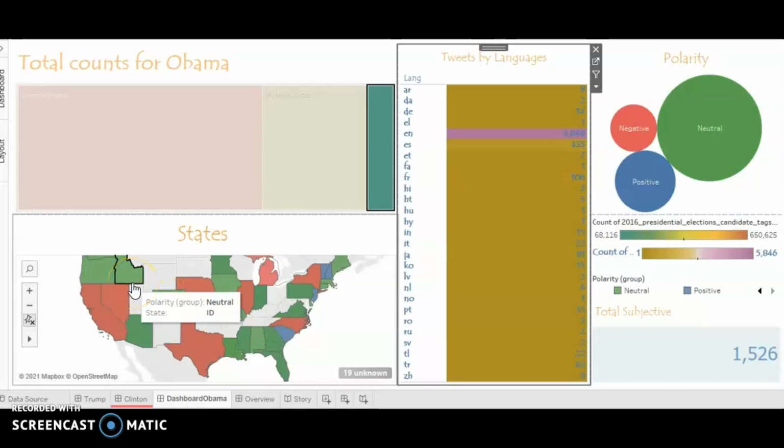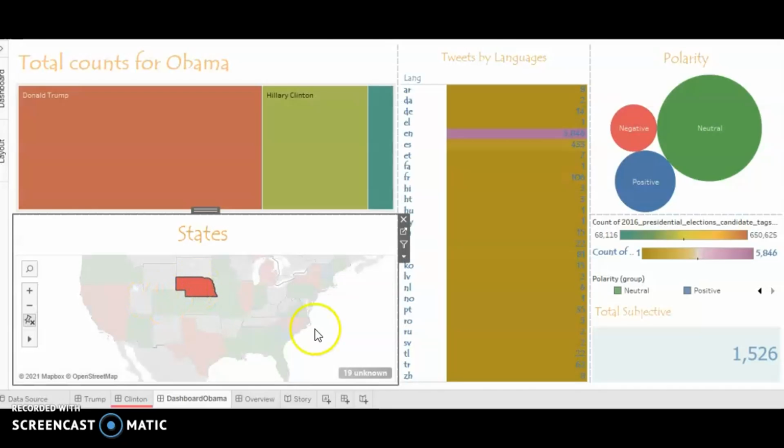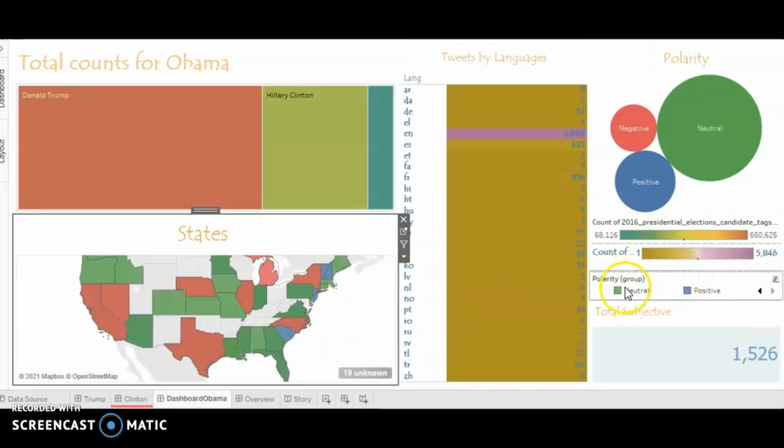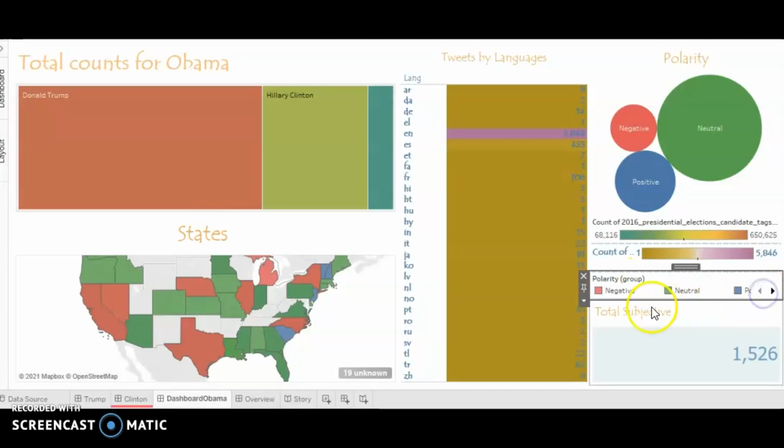We can have a look at these polarities on a map. That will be for neutral polarity. You can see it's California, Virginia, and a lot of other states also, and there are also negative polarities available. We can select polarities using the filter provided here.